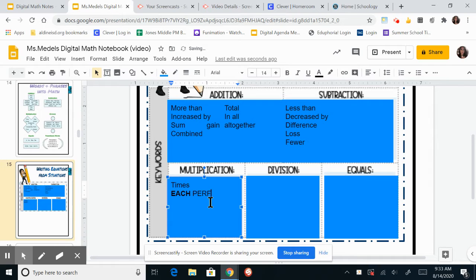And per, every, these are key words, and I'll tell you why in a minute. Each, every, and per. And then you have words like also like product, or twice as many, or any kind of number when they say 4 times as many.